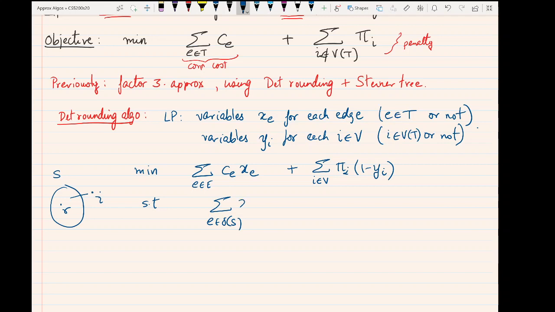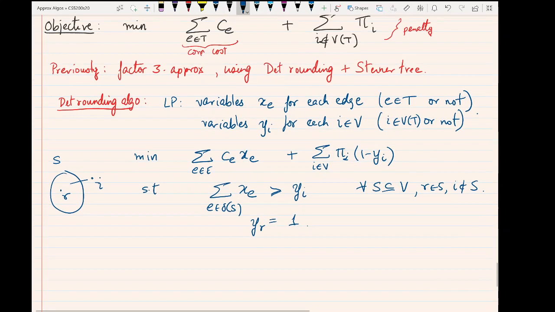So there should be at least one edge on the cut, which is 1 if yi is selected. Okay, if yi is 0, then it does not really matter. Now, if you don't recall this LP clearly, it's fine. We are not going to use it in too much detail.